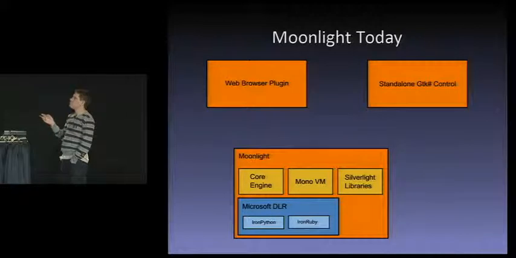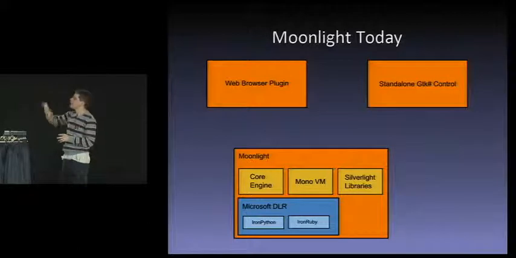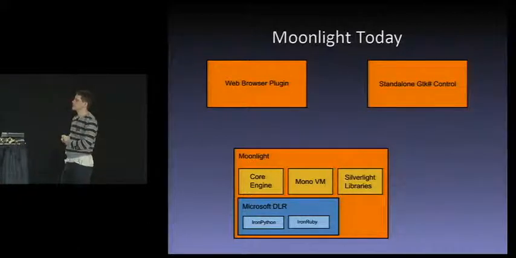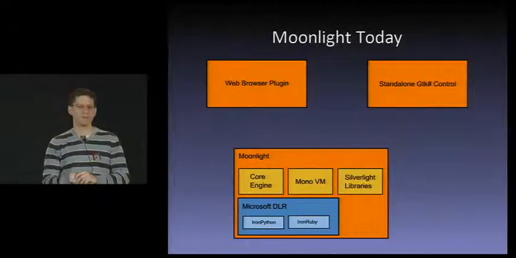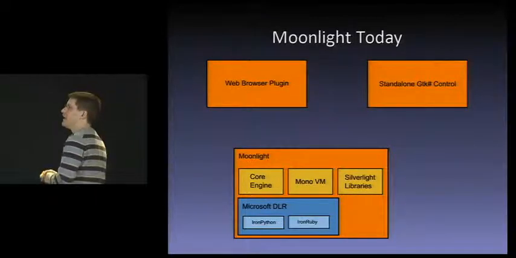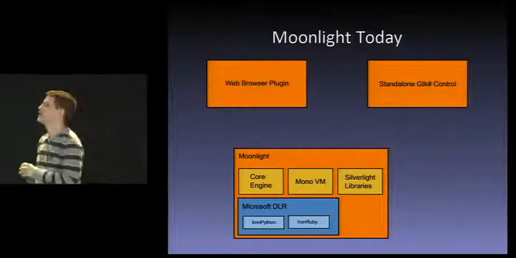Moonlight has a couple of components. We have the core engine that takes care of graphics, audio, the canvas, hit testing, event handling, and so on. We have the Mono virtual machine, which is what runs CLR bytecodes, right? So that's what actually powers Silverlight 2.0. And finally, the Silverlight library, so all the managed APIs that you use to build Silverlight applications.